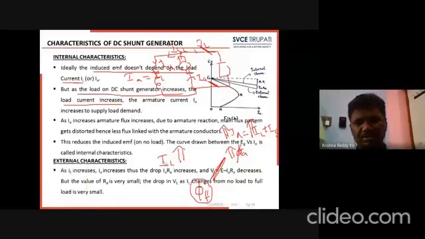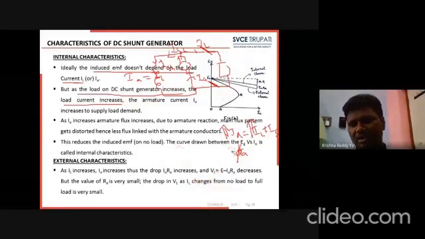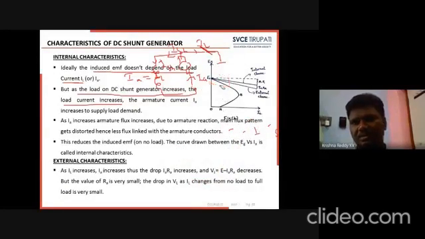Due to armature reaction, the flux will be distorted. We get reduced flux, and due to the reduced flux, we get a voltage drop. If you see the plot, before applying the load, we have rated voltage, represented with dotted lines.